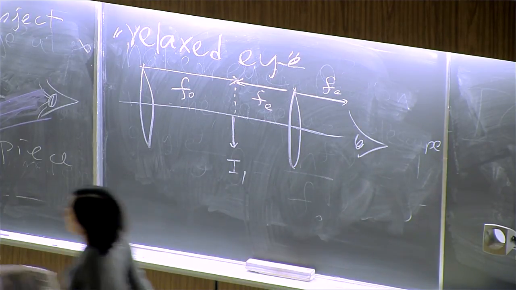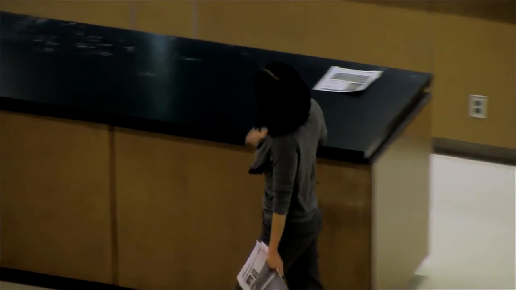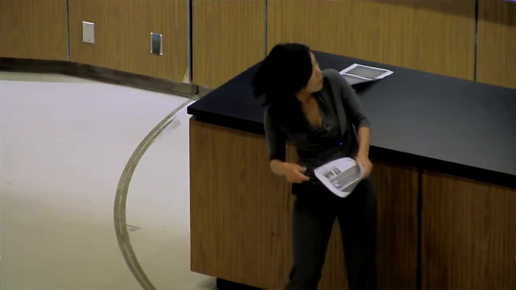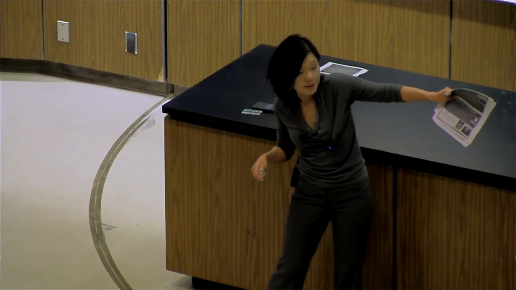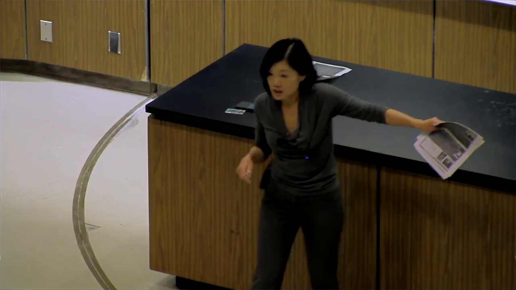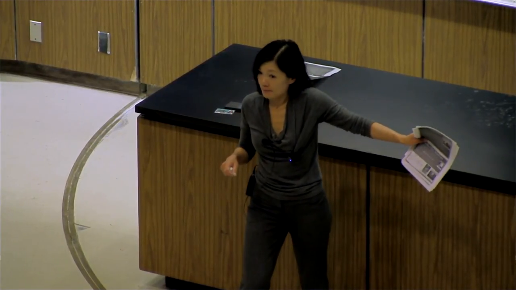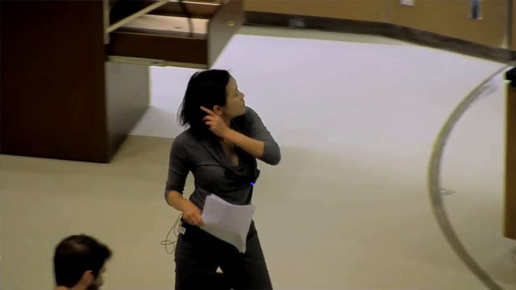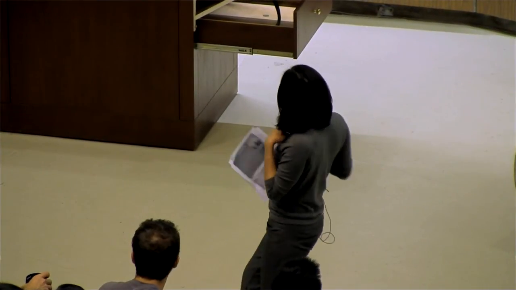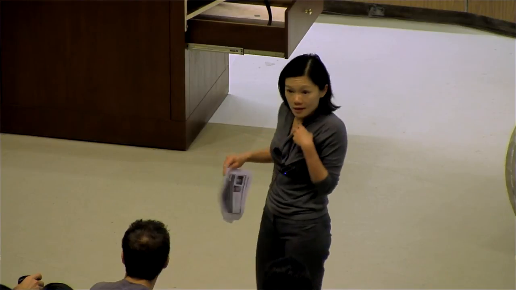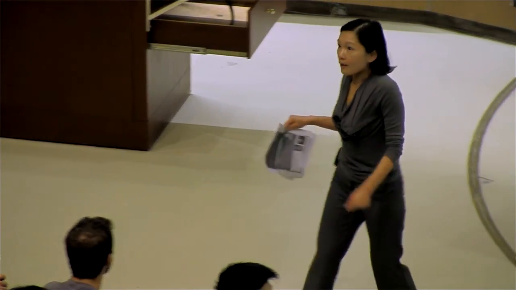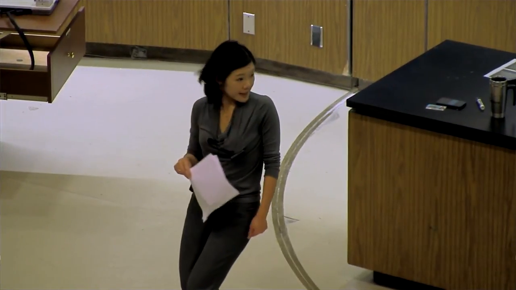So the length of your telescope would be 19 meters, which is f0 plus twice fe. Yeah? Would the magnification equation work for Galileo's telescope? No. You have to rederive it. Okay, all right, I think probably this is a good place to stop.